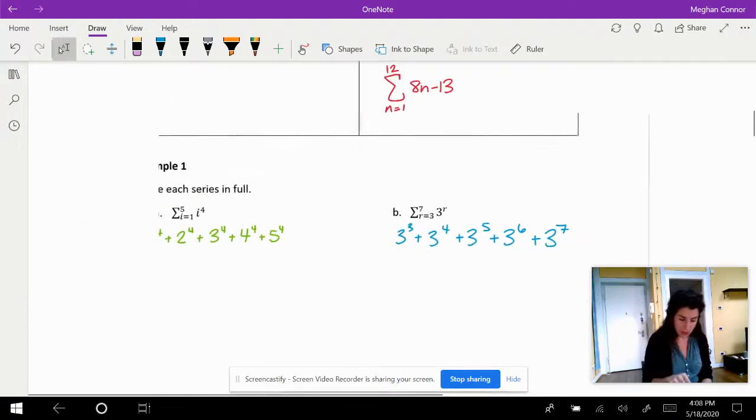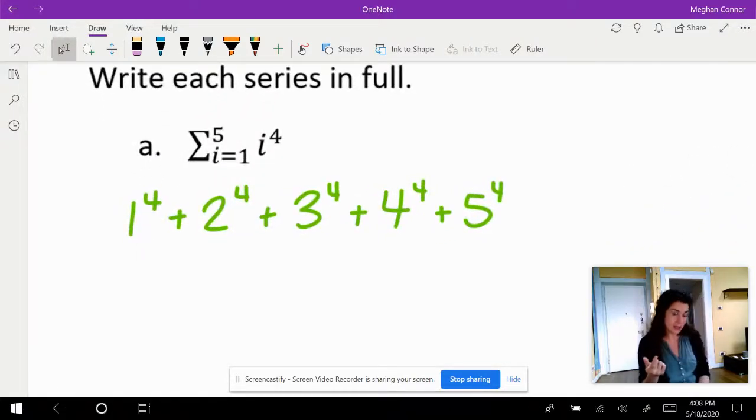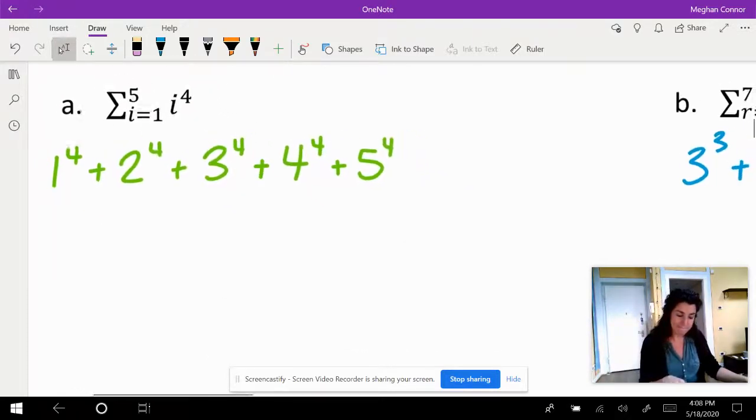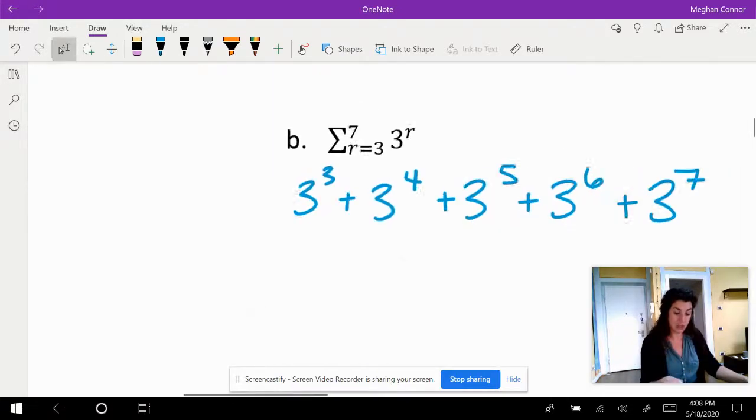It's an exponential equation, versus over here, it is not an exponential equation, it's a quartic equation, and there's no name for a sequence that is a quartic because it's to the fourth power. So A here is neither geometric nor arithmetic, versus B, which is geometric.